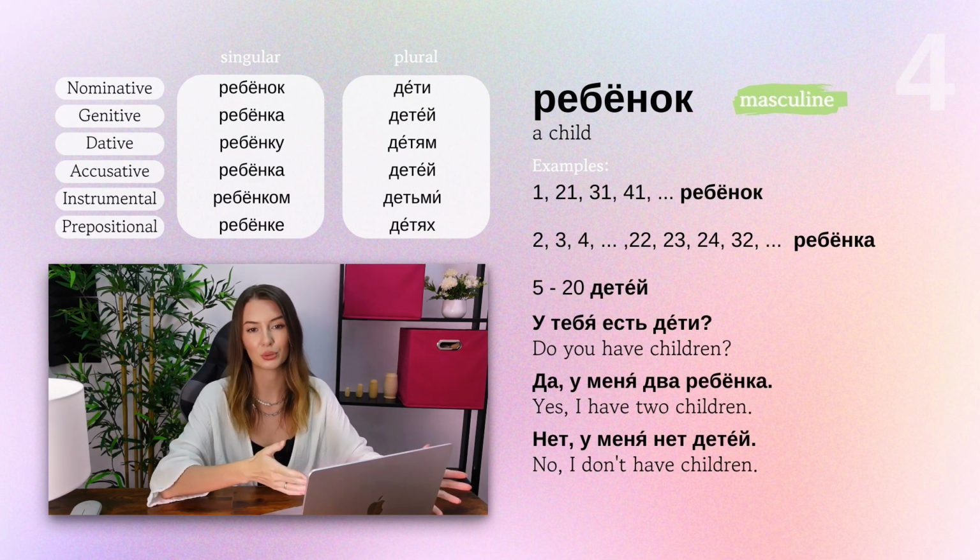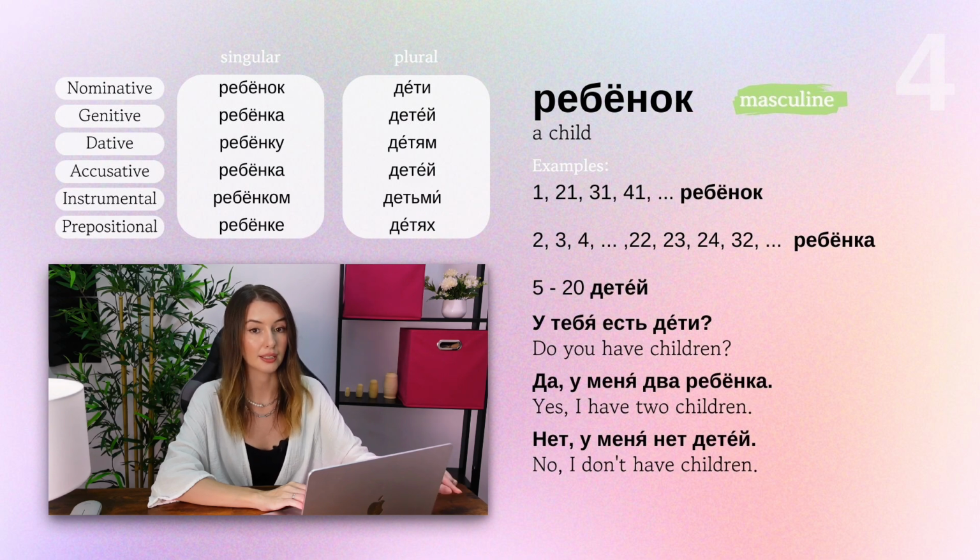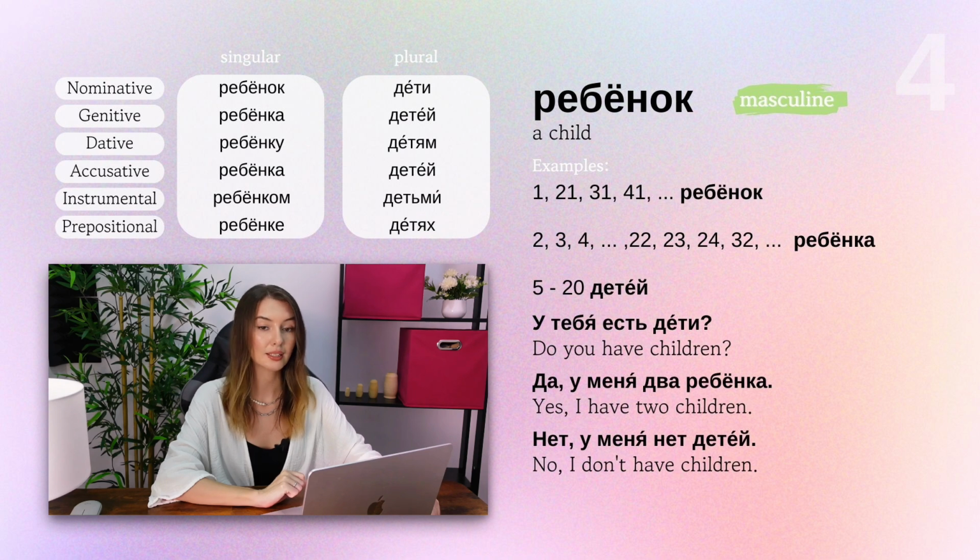Let's look at which forms of this word we use after numbers. Один ребёнок. Два, три, четыре ребёнка. 5, 20 детей. У тебя есть дети? Да, у меня 2 ребенка. Or нет, у меня нет детей.